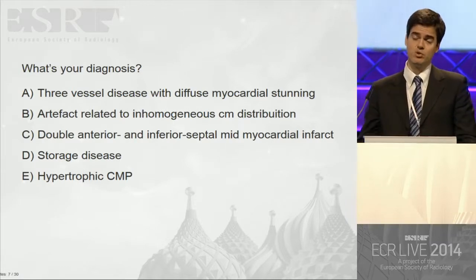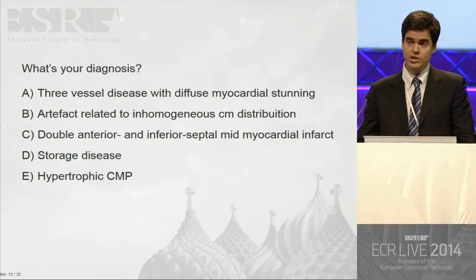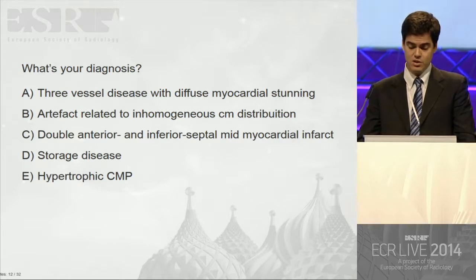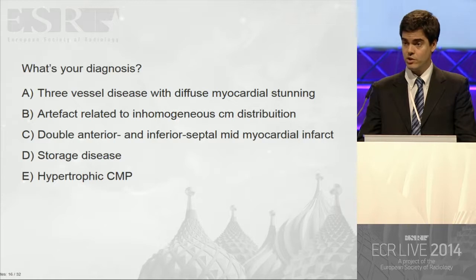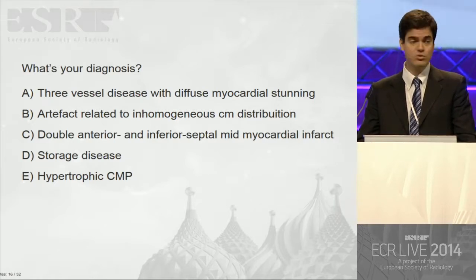Again, look at the distribution of enhancement at the location of the perfusion defect. Among the differential diagnosis, look at thickness of the myocardium, look at the distribution of the defect, whether it is ischemic or non-ischemic. I gave you 2 great suggestions.